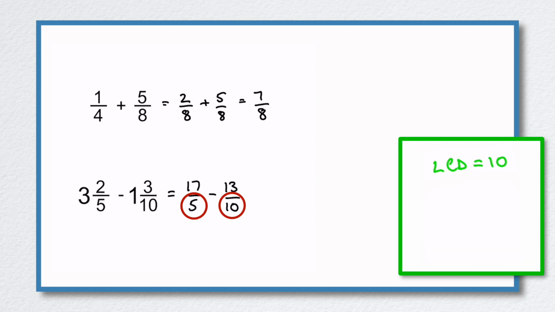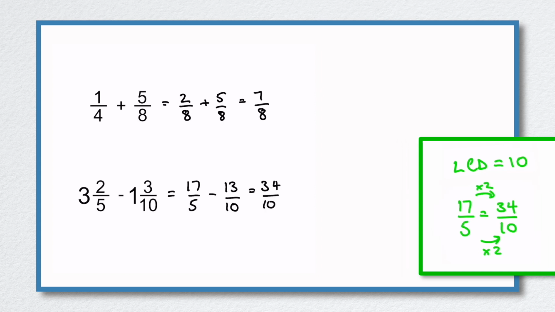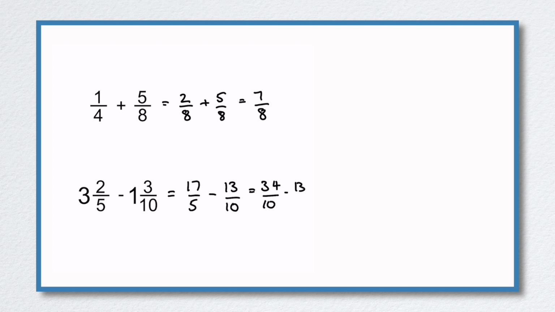So all that we have to do is change 17/5 into tenths. 5 multiplied by 2 is equal to 10. What I do to the denominator, I must also do to the numerator. 17 multiplied by 2 is equal to 34. So we've written 17/5 as 34/10. We now have 34/10 subtract 13/10. And that's going to equal 21/10.